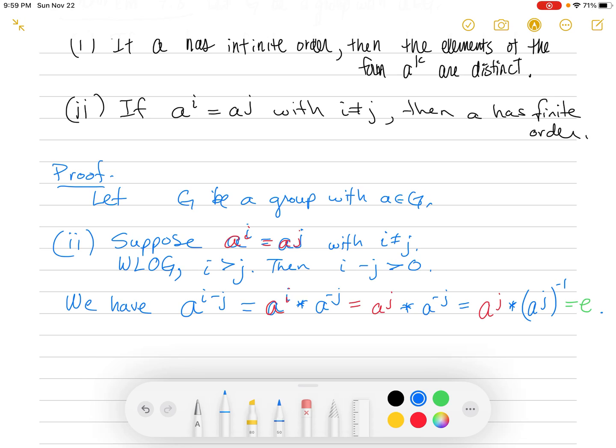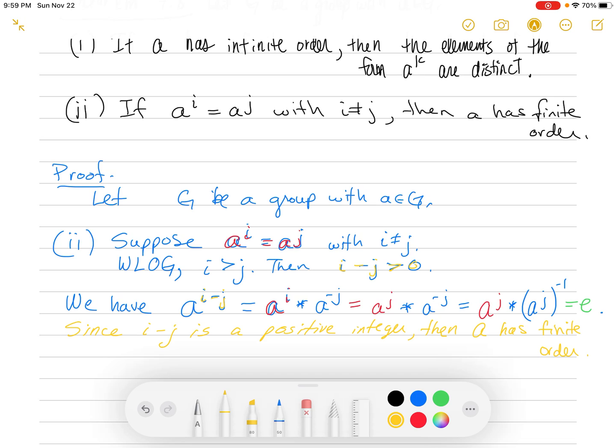Notice this exponent i minus j is a positive integer. So we have a to a positive integer giving us the identity. That means a has finite order. That's the definition of having finite order. Okay, we've proven 2.